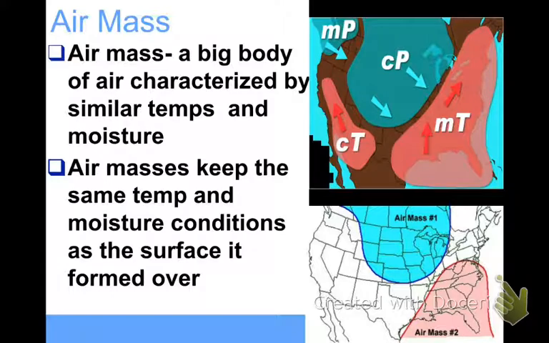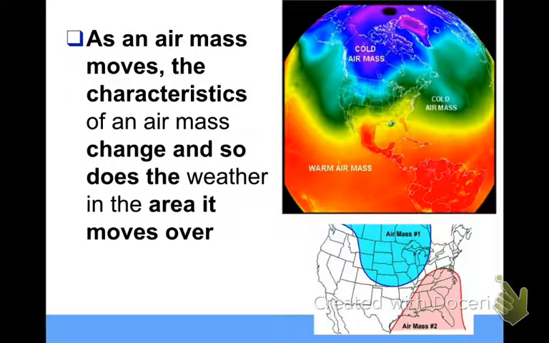So moving right along. When an air mass moves, the characteristics change, and so does the area it moves over. This is what I was telling you about earlier. If you are a cold, dry air mass from Canada, and it starts to move down towards the U.S., then the places that it's moving over are going to become colder and drier.